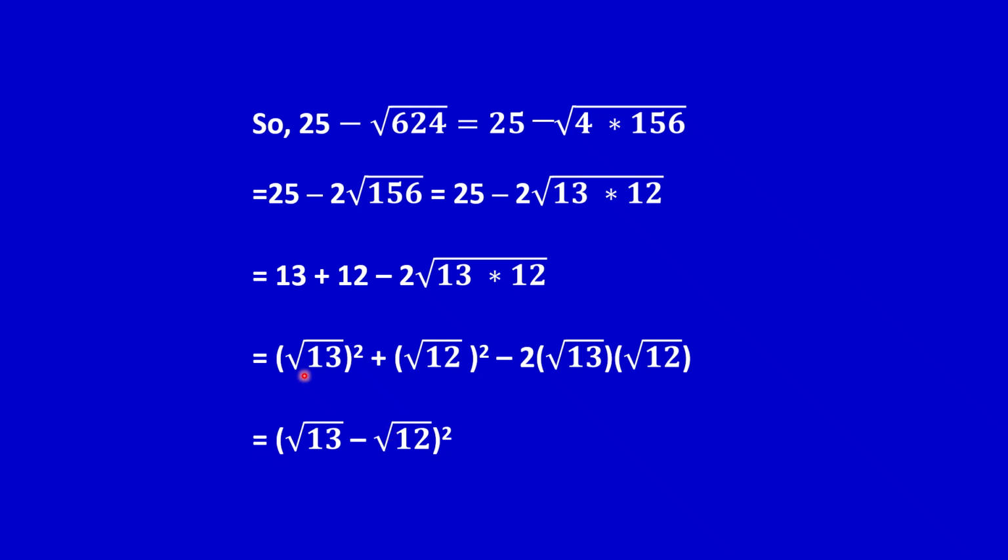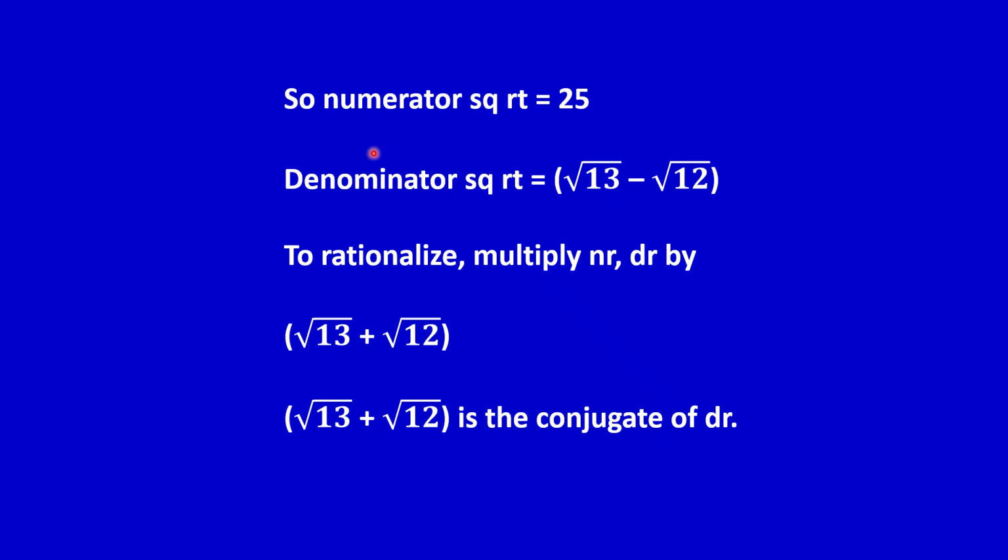But wait, the work is not finished yet. So the numerator, the square root is 25, and the denominator, the square root is root 13 minus root 12. Because this is the denominator, you have to rationalize the denominator. We multiply both numerator and denominator by root 13 plus root 12.